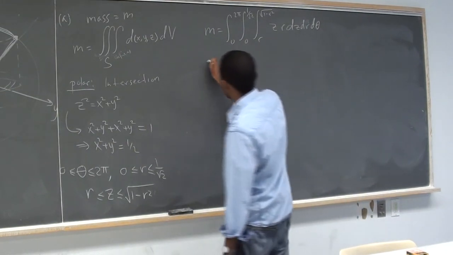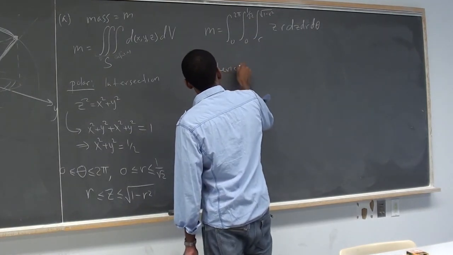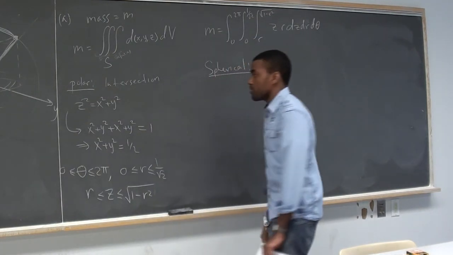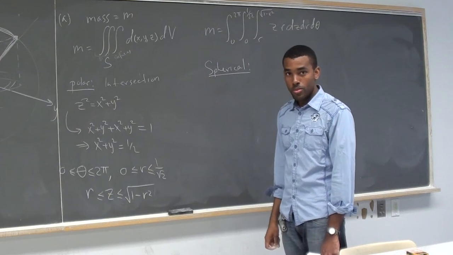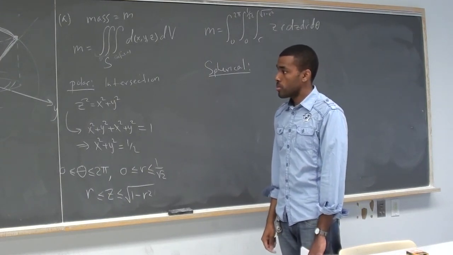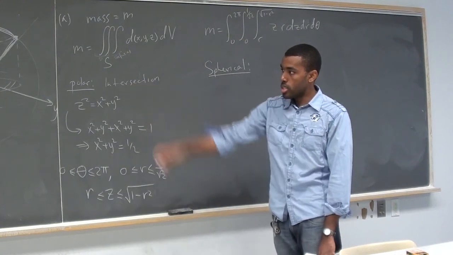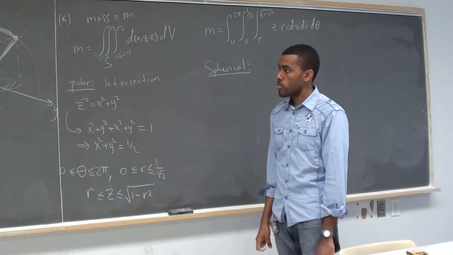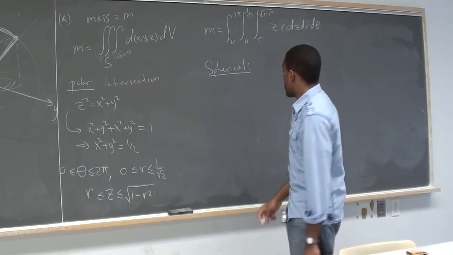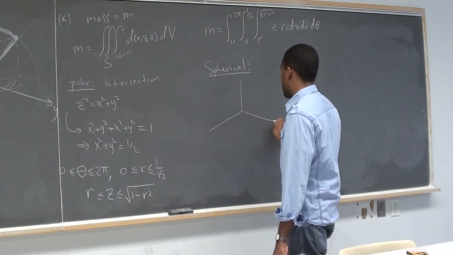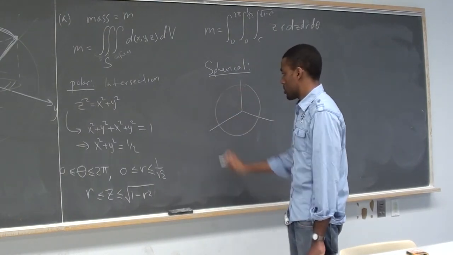What if you wanted to do spherical? Okay. How would you do it with spherical? What is the equation of the cone in spherical? Right, so first remember with spherical, how is it set up?